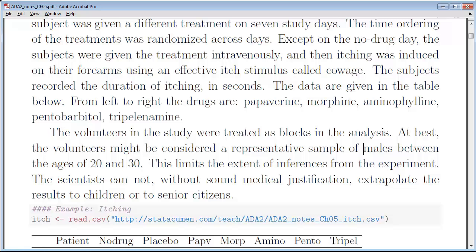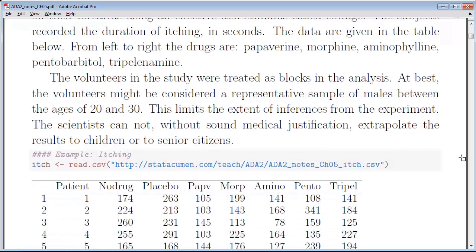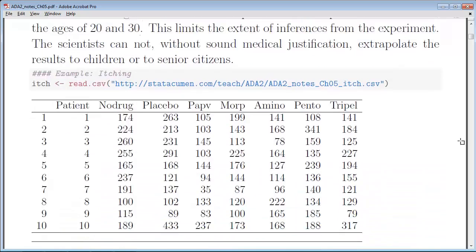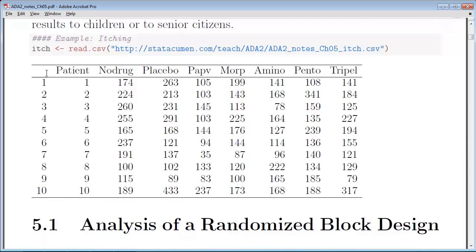It's sort of more affluent males who go to certain schools and so on, and maybe even within a certain department. So that just means that we can't really extrapolate to children or senior citizens or women. Okay. All right. So we'll read that data in, and here's the table.